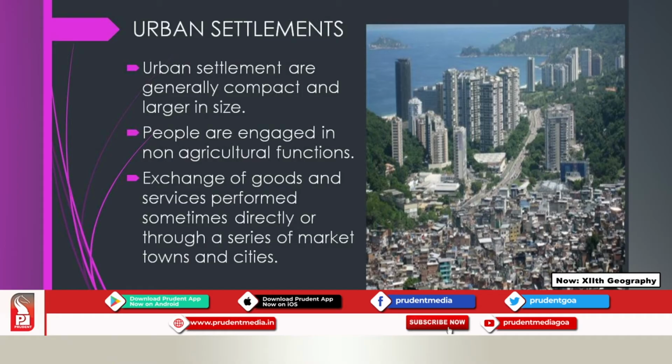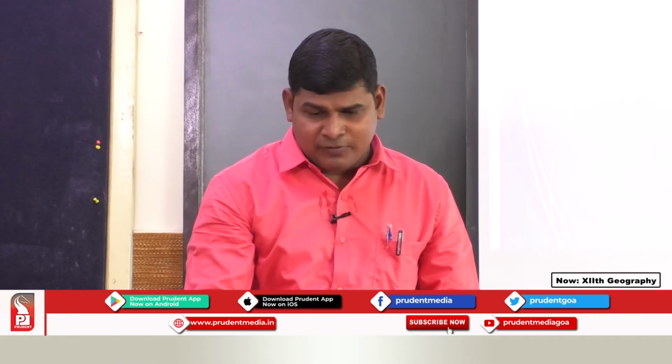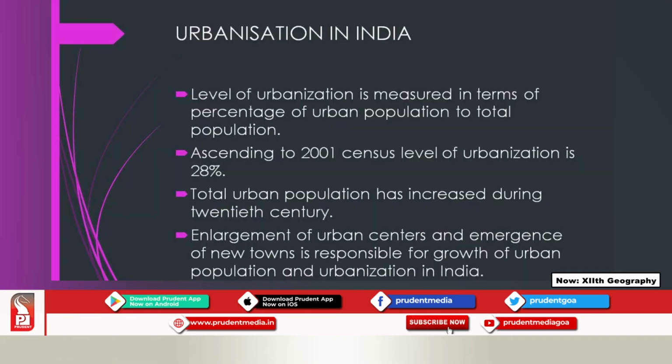The people from urban areas are mostly engaged in non-agricultural activities, that is, secondary or tertiary activities, wherein there is an exchange of goods and services performed sometimes directly or through a series of market towns and cities. Then a very important topic which is there is urbanization in India.